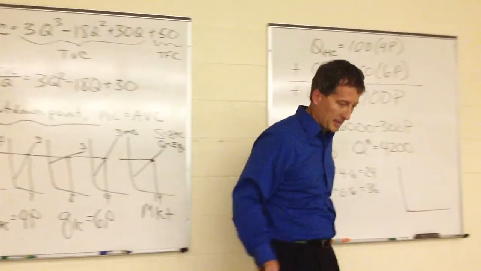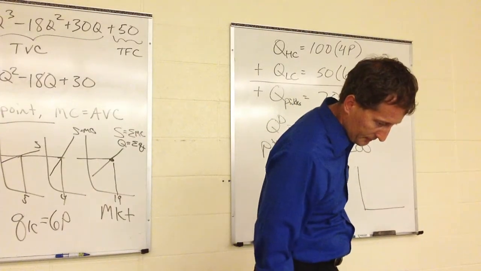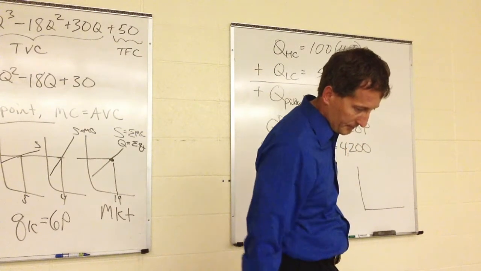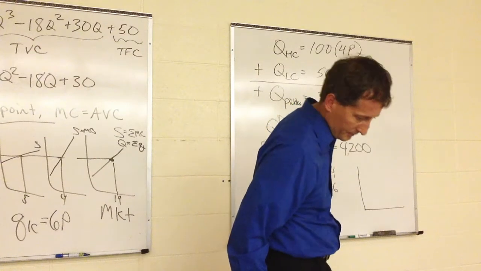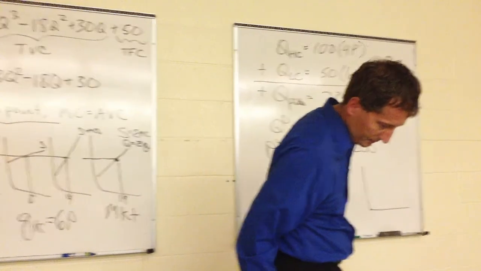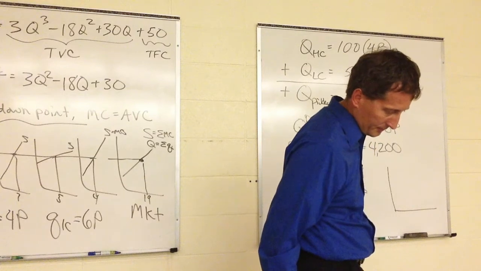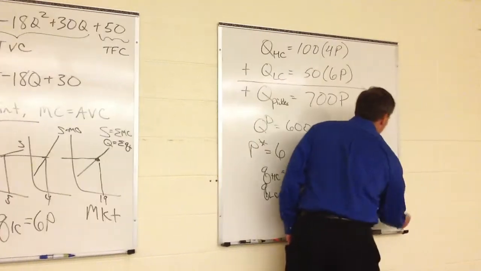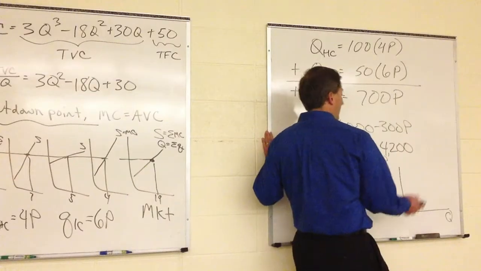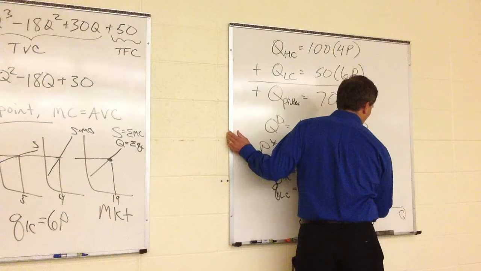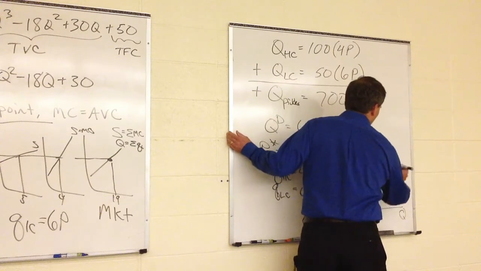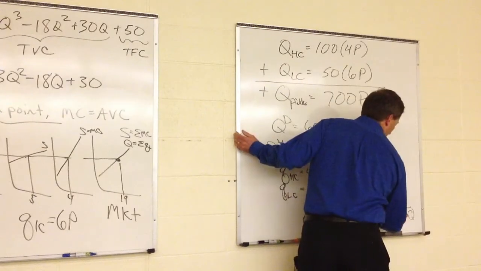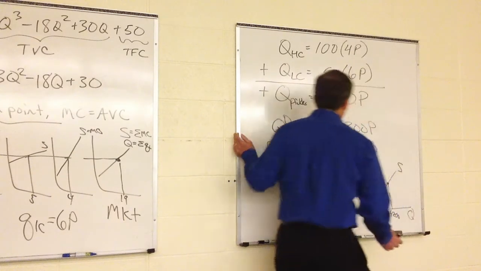That's kind of the catch here. We've already got that information. So we know that there's a supply curve that looks like this, $6 and 4,200 is the industry.